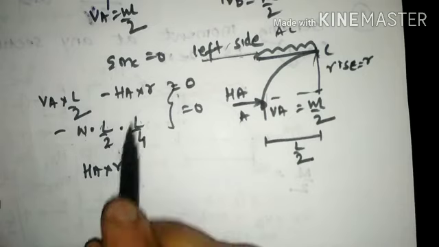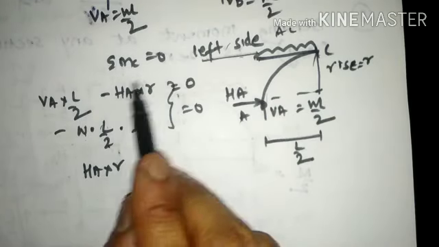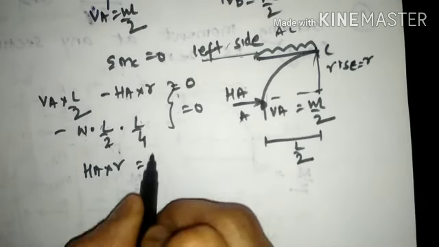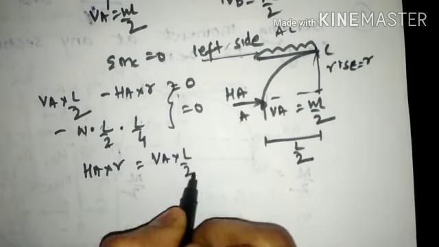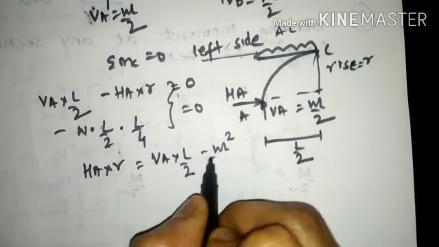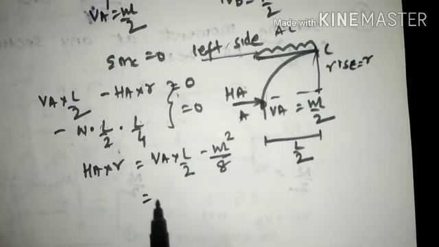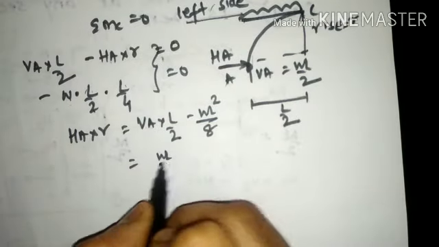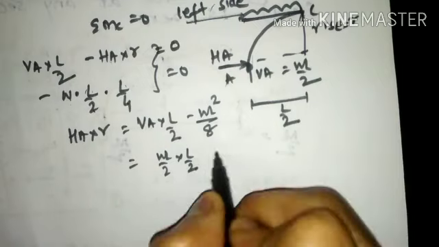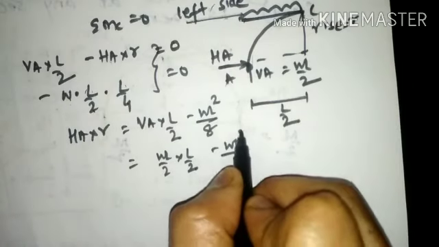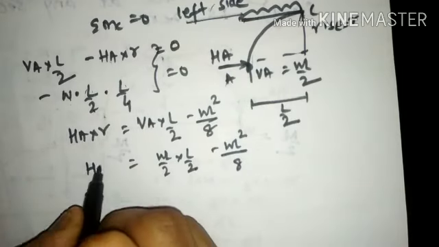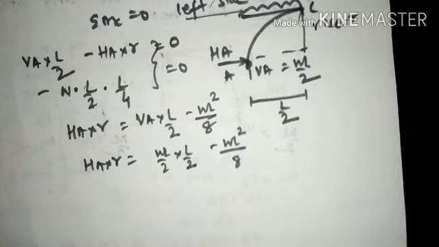If we reframe this and take HA into R on the right hand side, on the left hand side it will be VA into L by 2 minus WL square by 8. Substitute the value of VA as WL by 2 into L by 2, minus WL square by 8. On the other side you keep HA into R as it is.